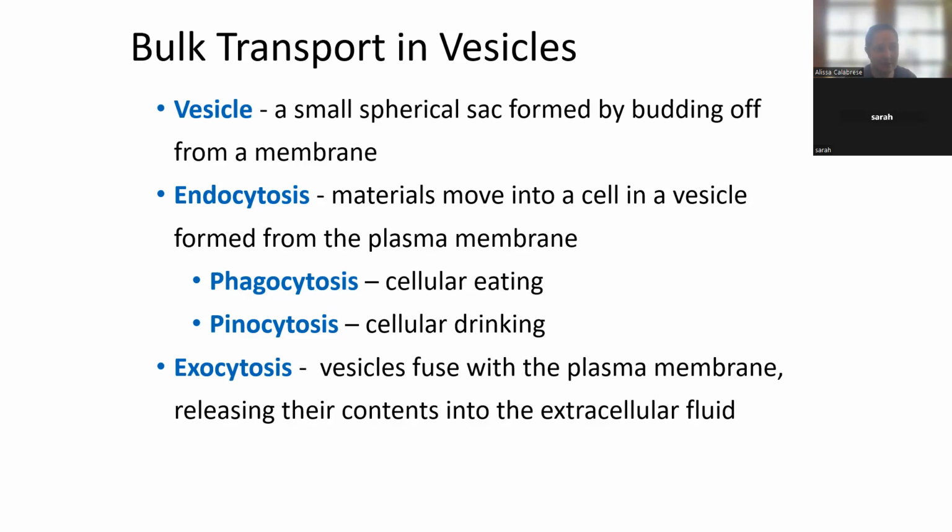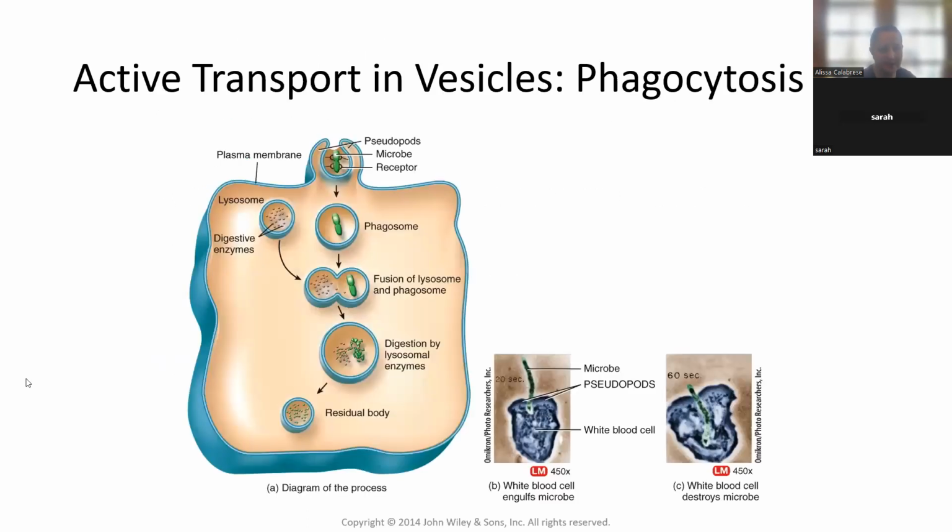Pinocytosis is usually for smaller liquid intake versus solid. Right, and here's what that looks like. So basically, if we want to eat a bacterium, we have to wrap the membrane around it to form that little vesicle. And that vesicle used to be part of the membrane, but now it's a separate vesicle that has ingested this bacterium.